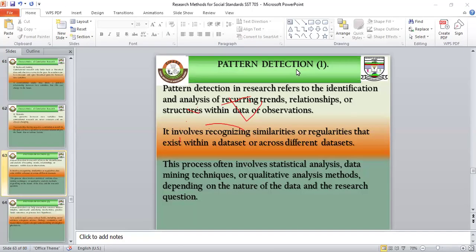So if you want to do pattern detection, see what your research is all about. Is it that you want to establish a trend? How does this data behave? Here we are referring mostly to cases of secondary data, the data that you get and have to analyze over periods of time.